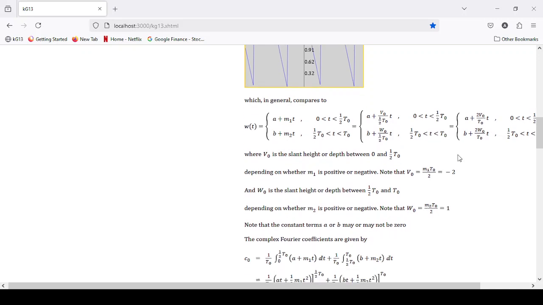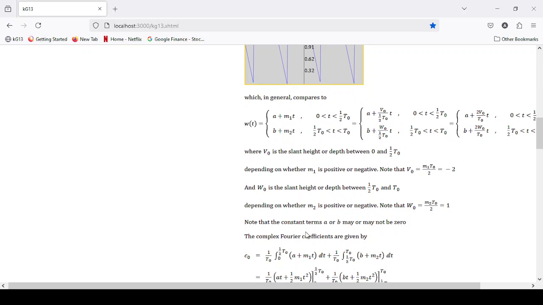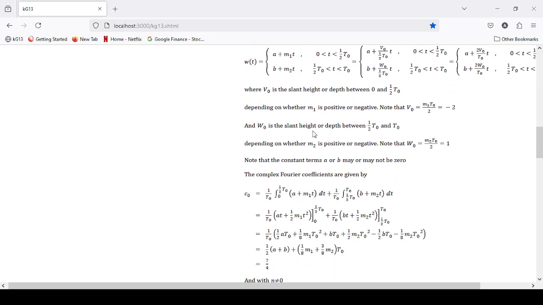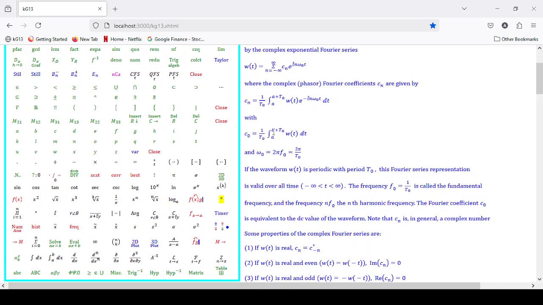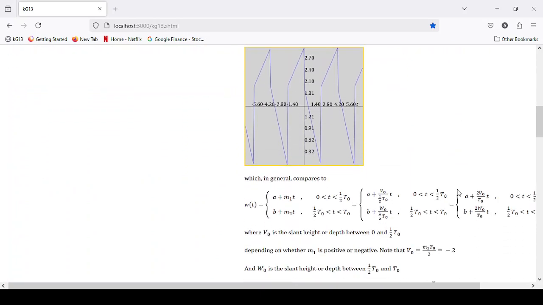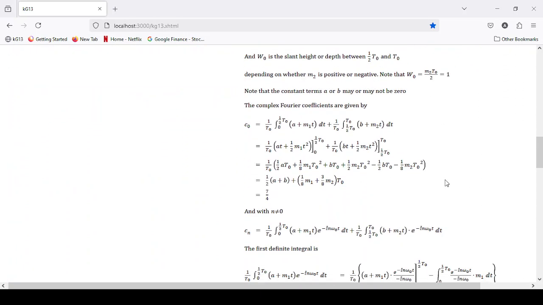We first note, of course, that the a and the b may or may not be 0. So we start by calculating C naught. We split this up into two different integrals. The C naught here, as you can see, is your C naught over the full period. But we have to split it up over the two half periods. Why? Because we have two different straight lines.